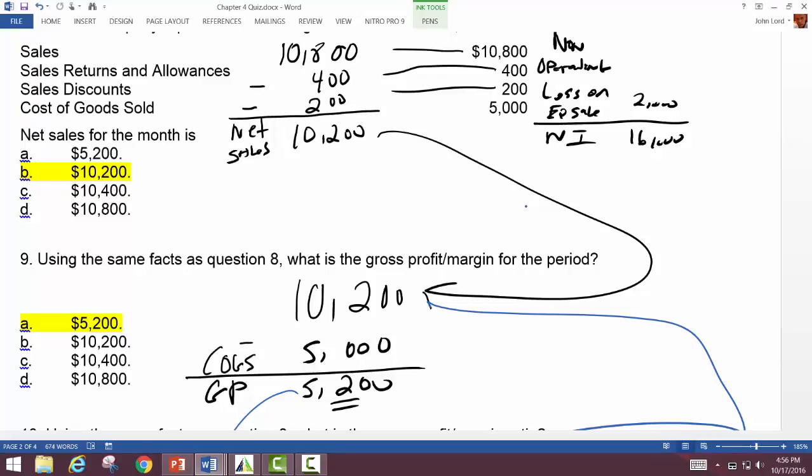Net sales, by definition, minus my cost of goods sold gives me what, everybody? Gross profit. Good. Then I take my cost of goods sold off of my net sales, which gives me gross profit. And then gross profit minus operating expenses is going to be operating income, right?